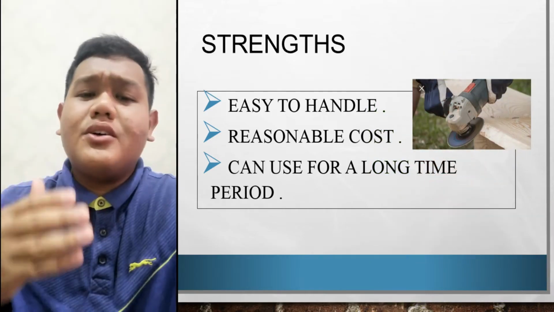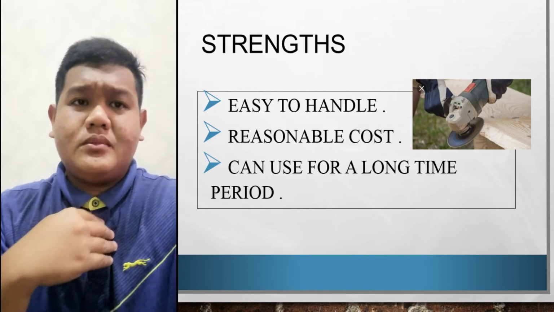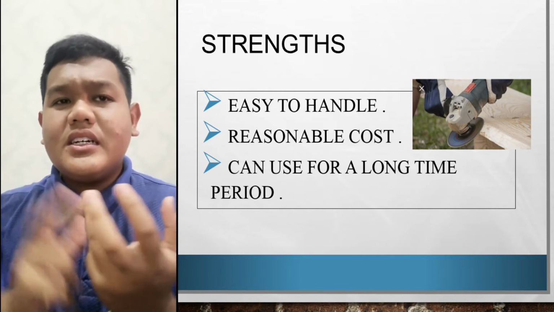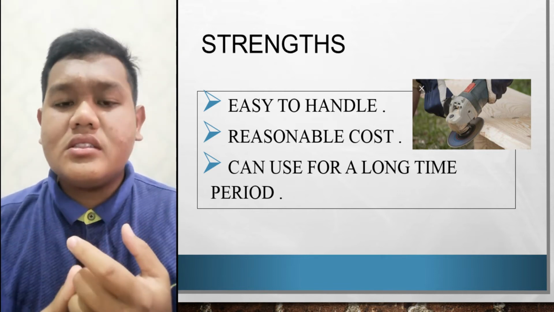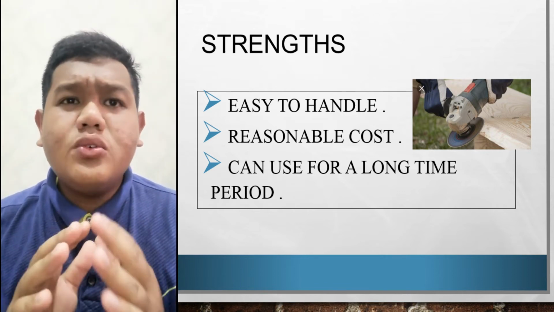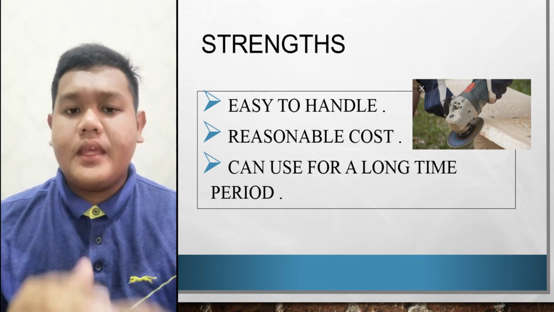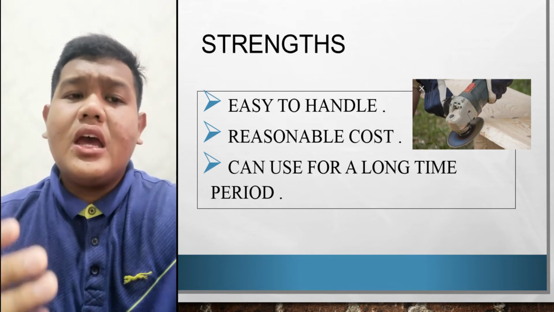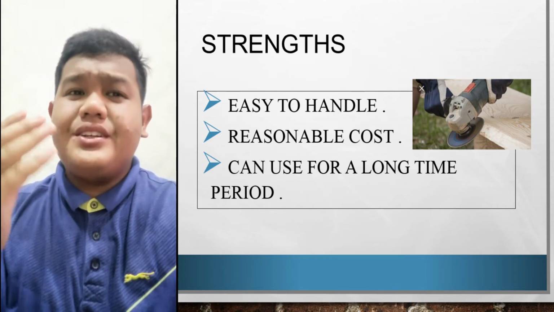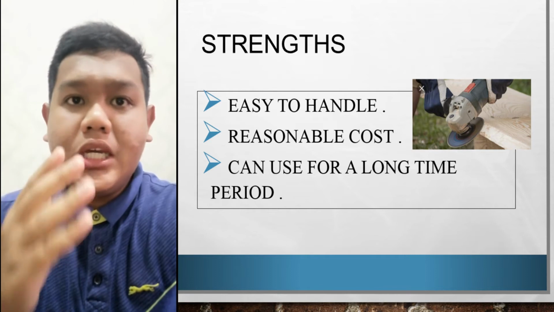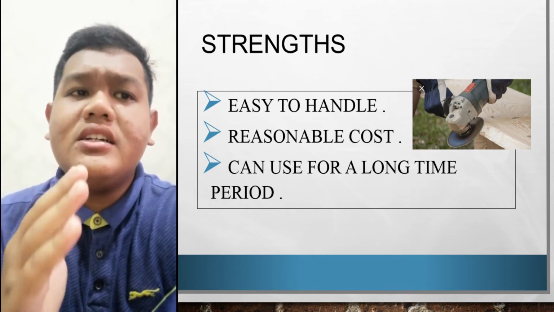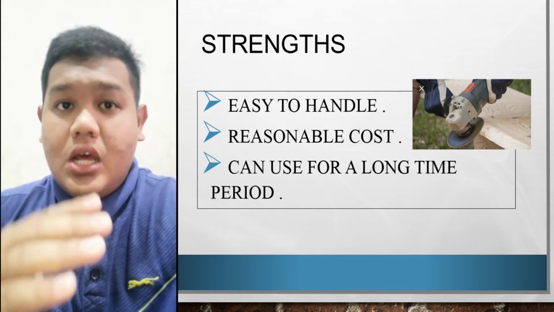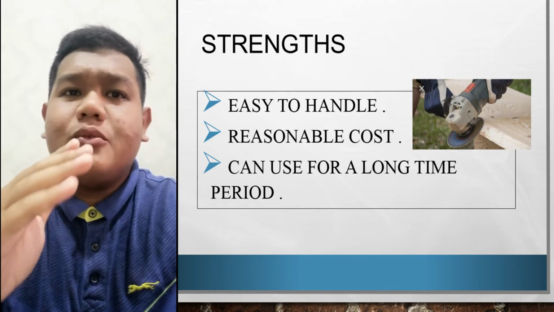I want to tell about the strengths of my product. The first is easy to handle, the second is reasonable cost, and the third is that it can be used for a long time. The first is easy to handle. This grinder is easy to use because it has a handle to facilitate the cutting process, and it's lightweight.